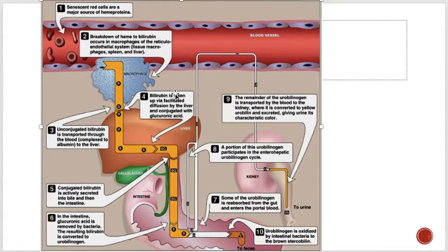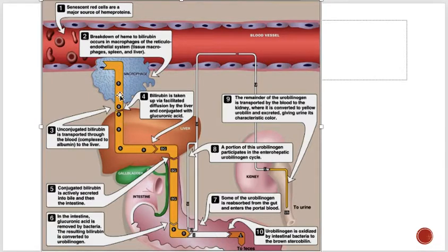As we know, bilirubin is a breakdown product which comes from the RBCs. When the RBCs are destroyed in the reticuloendothelial system, the globin part, which is the protein part, enters into protein metabolism, and the heme part is further broken down and bilirubin is released. This bilirubin is the unconjugated form.